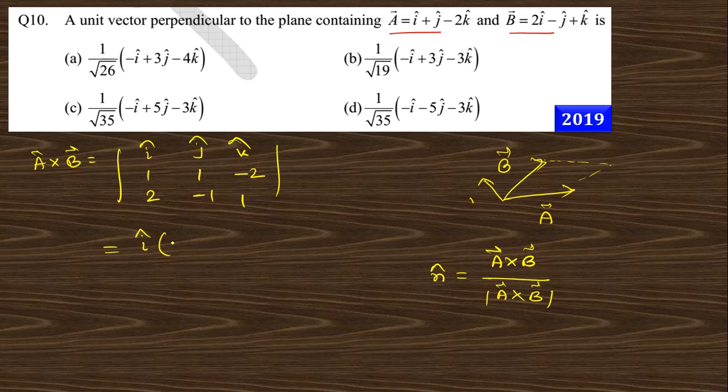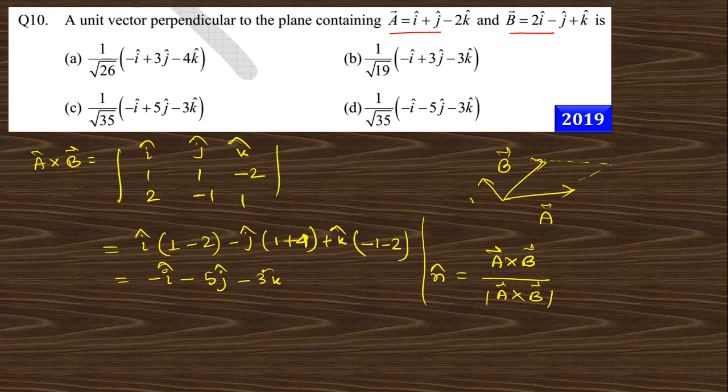So this is i cap 1 into 1 minus 2 minus j cap 1 into 1 minus 2 plus 4, and plus k cap into minus 1 minus 2, right? So this is minus i cap, this is minus 5 j cap, this is minus 3 k cap.